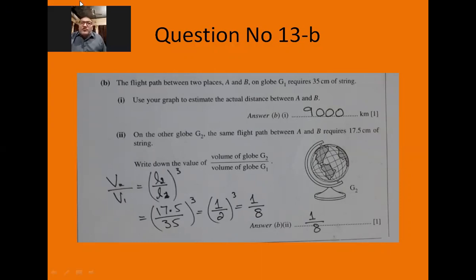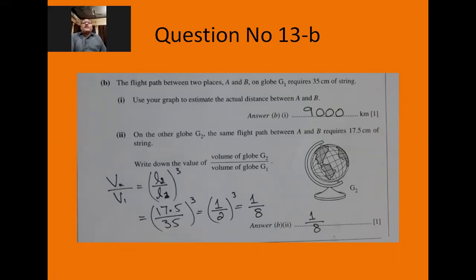In the globe 2, the length of that flight was 17.5 centimeter, and in the globe 1, the length was 35 centimeter. Because both the globes are similar to each other, the ratio of their volumes will be equal to the cube of the ratio of their lengths.